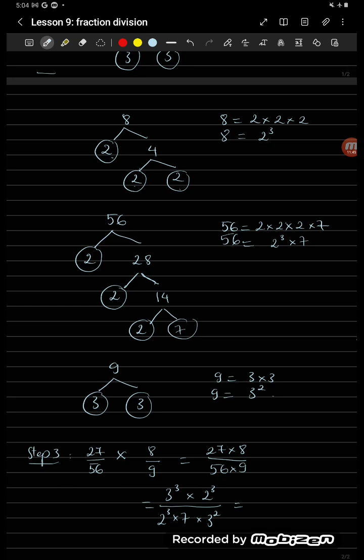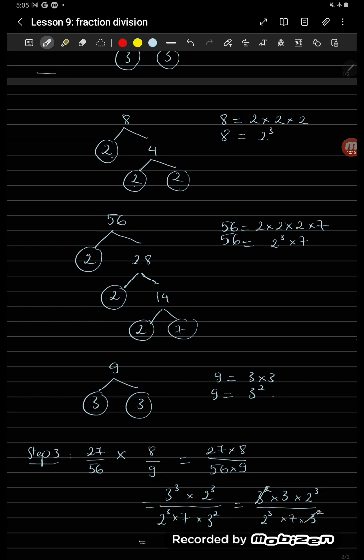So you can write like this. We break down 3 power of 3 as 3 power 2 times 3. Now the top part has 3 power of 2, and the bottom part has 3 power of 2, so we can cancel them.